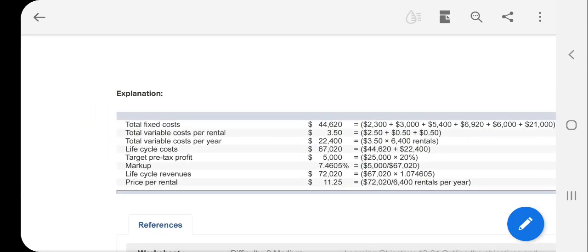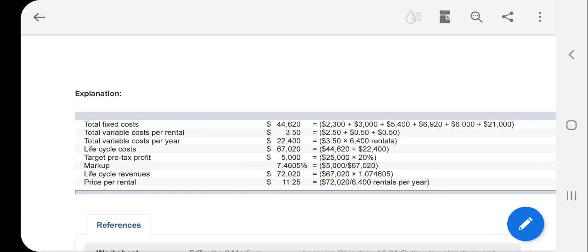Okay, this is very straightforward. So you can see the calculation is like this. First, you have to calculate the total cost or life cycle cost. In this question, the life cycle cost is total fixed cost plus total variable cost. So the total life cycle cost is 67,020. And then you calculate the target profit.